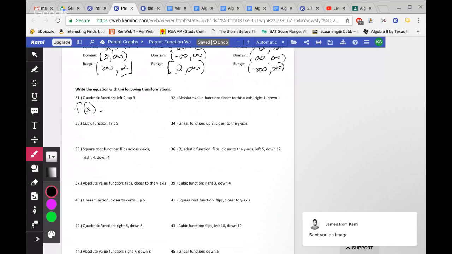So f of x equals x plus 2 squared plus 3. Good job. 32, f of x equals 1/2 square root of.